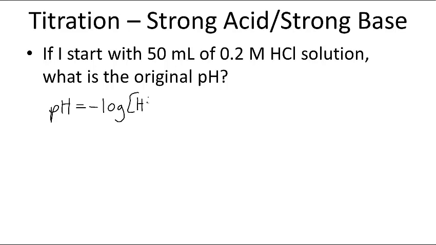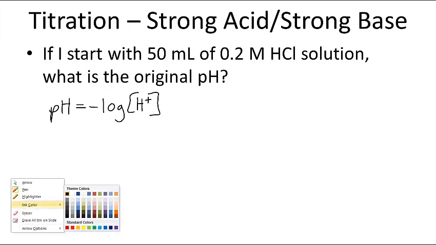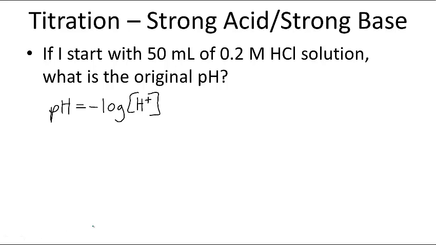Negative log of concentration of H plus. So if I want to find pH, I need to find concentration of H plus. So if I have an HCl solution and it's 0.2 molar HCl, how do I know how much H plus that gives me? What do you know about HCl?